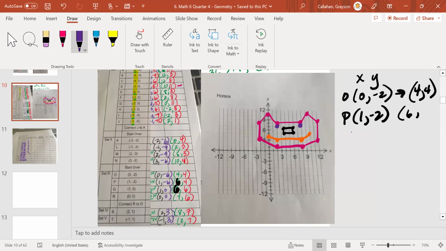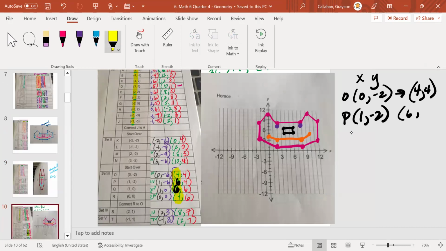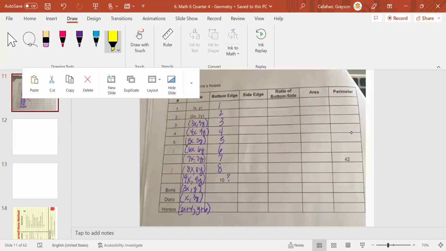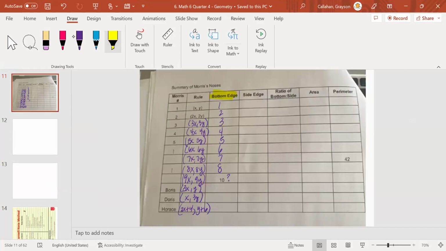Well, yeah, it's 2 because if you take a look over here, Grayson, do you see how set 3 tells you about the nose right there? Do you see how 4, 6, 6, 4? What's the difference between 4 and 6? It's 2, right? So that's the pattern. So the bottom edge right here for set is a 3 or 4? 3? Set 3. Yes? Set 3.